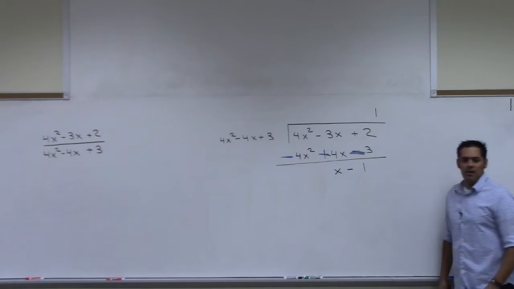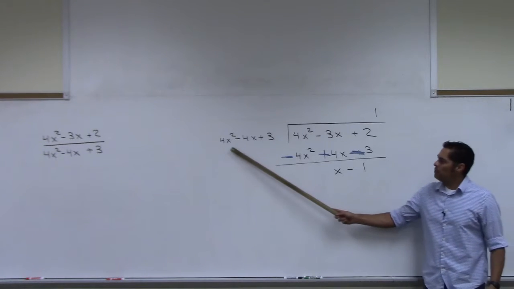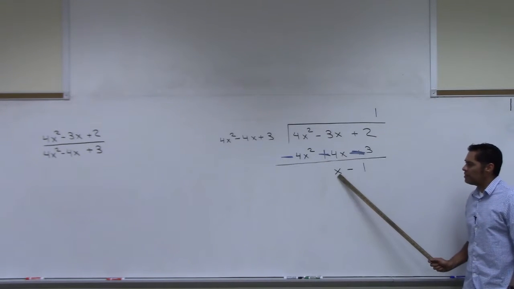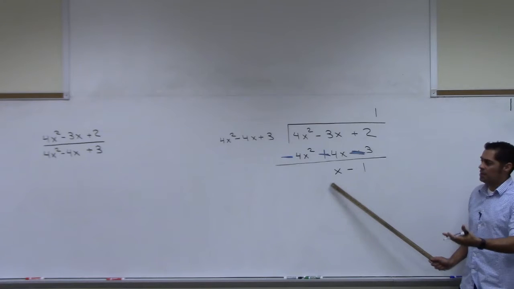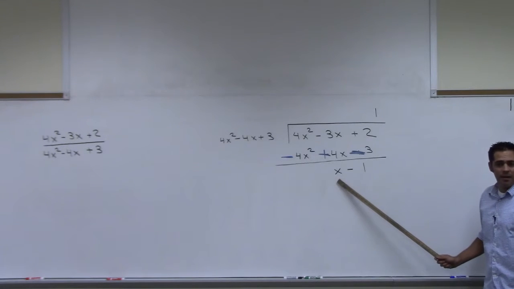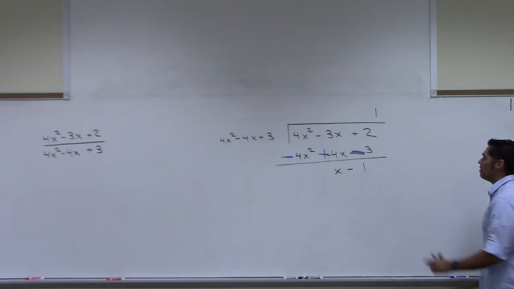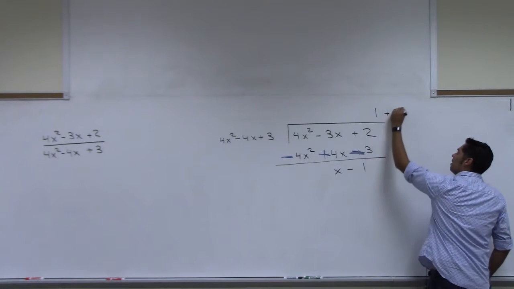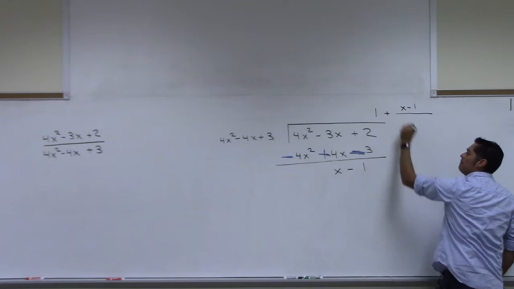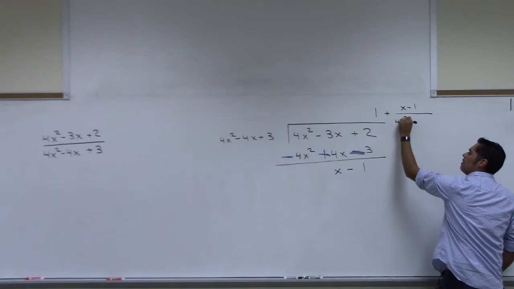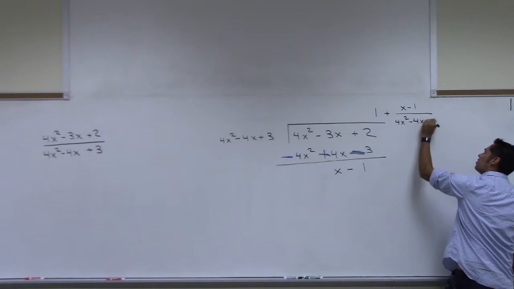Right? And then you play the same game. What do I multiply 4x squared by to get x? I stop, okay? Because the power out here is bigger than this one, right? So at this point, this is my remainder. So I put plus x minus 1 over 4x squared minus 4x plus 3.